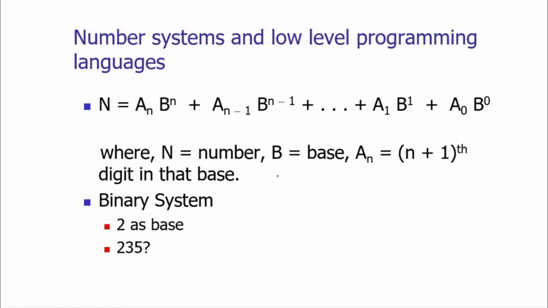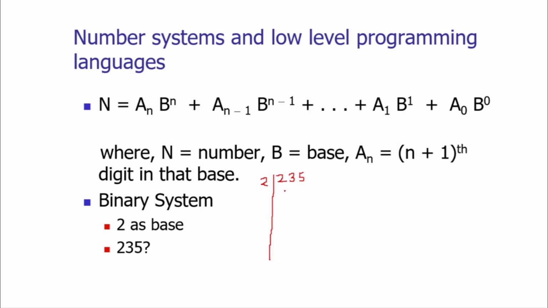To convert the number 235 with base 10 into its binary equivalent, I will divide this number by 2 and note the remainders. 235, I will divide this by 2.